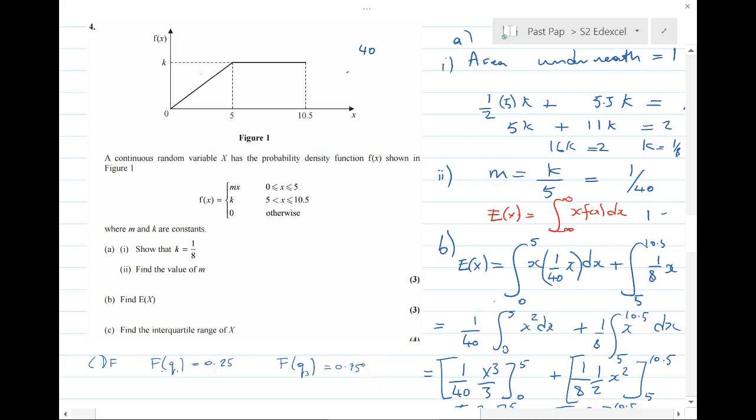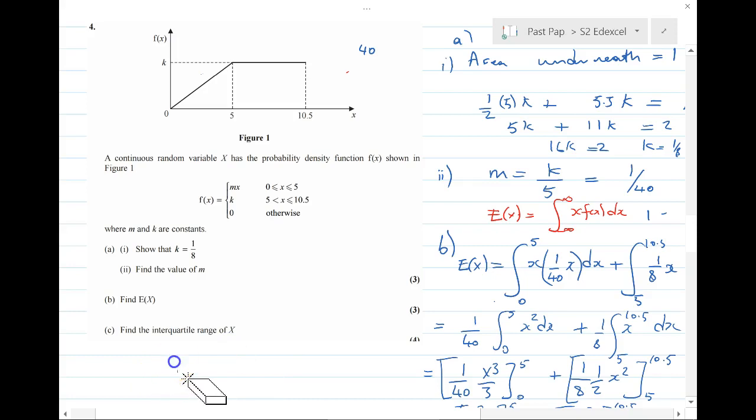You can do that. You can integrate as well, using the integral sign and the fact that the integral from Q1 to 0 would be equal to 0.25 and so on.